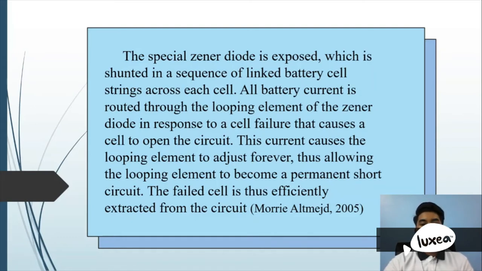This current causes the looping element to adjust forever, thus allowing the looping element to become a permanent short circuit. The failed cell is thus eventually shorted out of the circuit. This statement is according to Mori Almich, 2005.